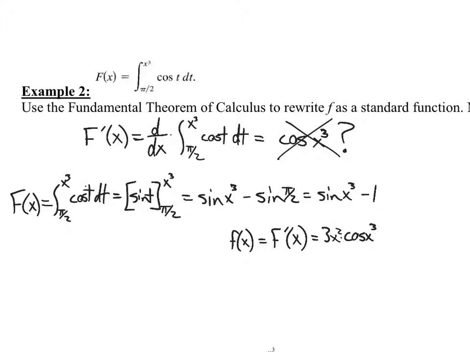Here we're taking the derivative with respect to x, but we aren't using just an x, we're using an x cubed. All right. So we have that chain rule idea going on.